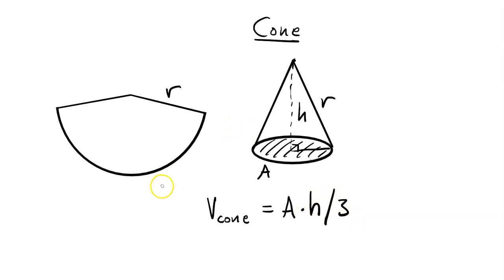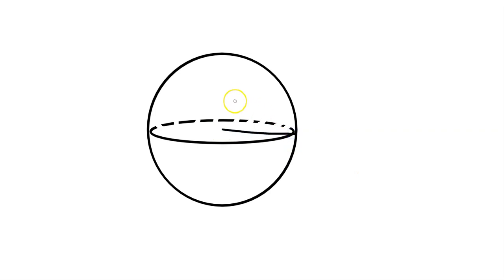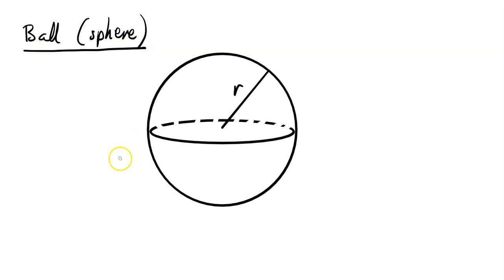And then finally we have a ball, or a sphere. If you draw a sphere here, something like that, then we have a radius, from the center of the ball, which we could just as well draw anywhere.